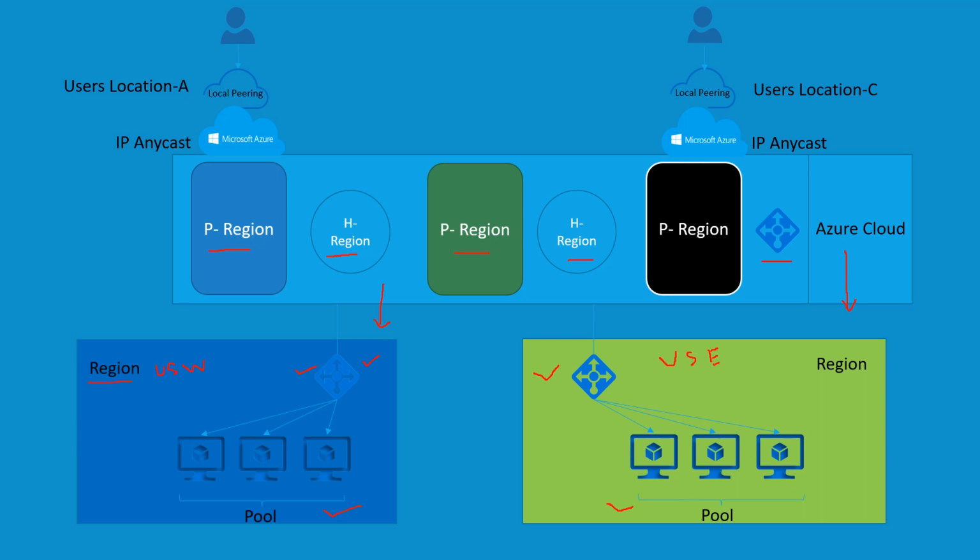So any time user traffic gets generated from anywhere, based on the local peering, it will find the nearest Microsoft Azure POP, or maybe the edge data centers, which is advertising IP Anycast.